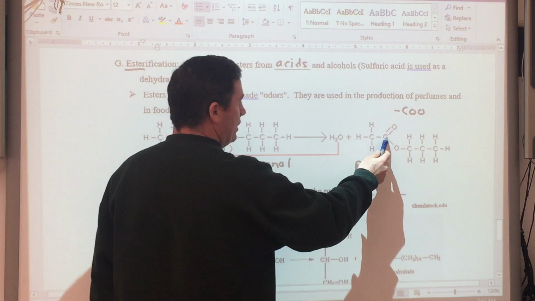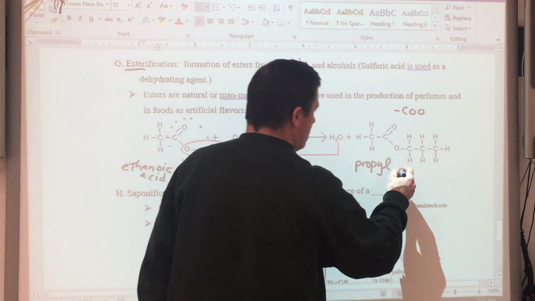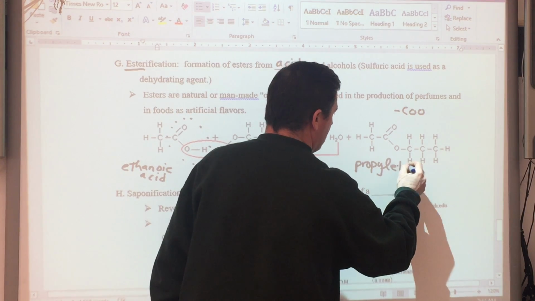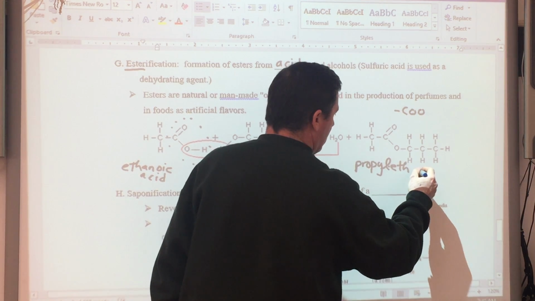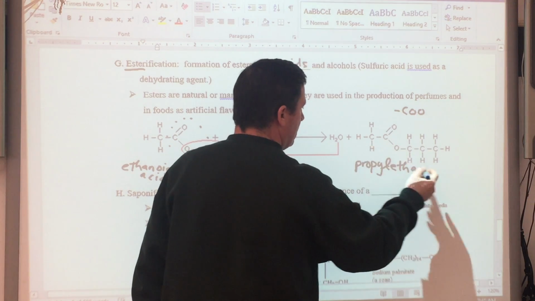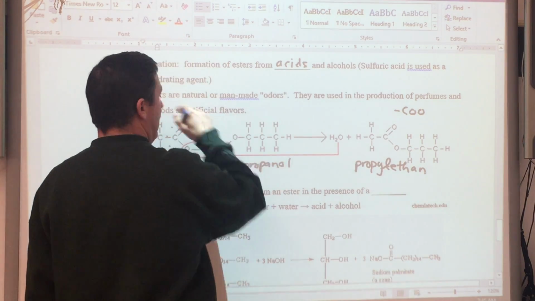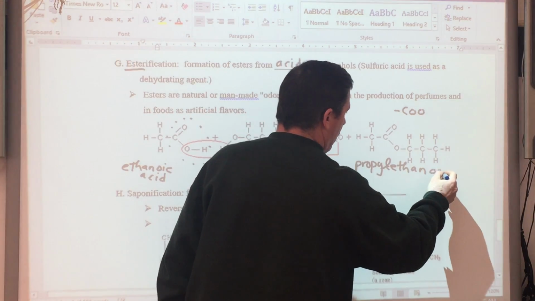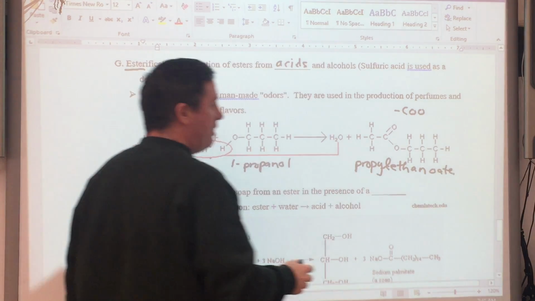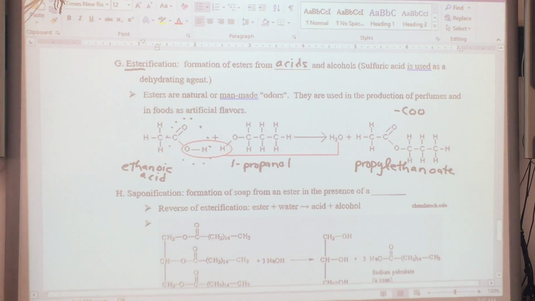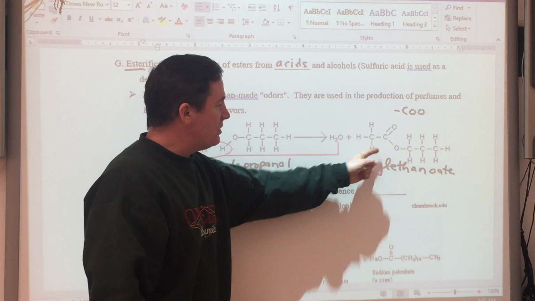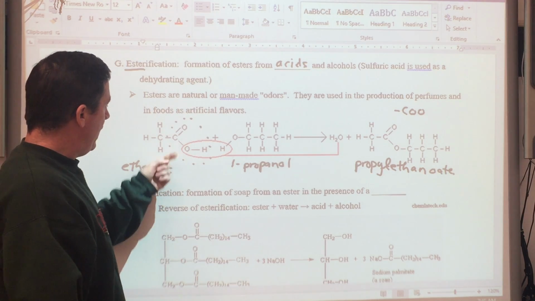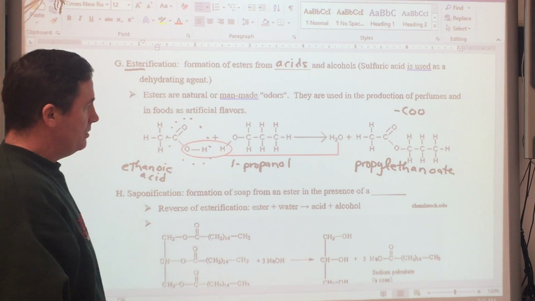And how many do I have over here? 1, 2, and that's, there's a dash here, sorry. Ethane, and then in esters I end with an O-A-T-E. So that's propylethanoate. Okay? So, just to cap it up, esterification is the making of esters from acids and alcohols.